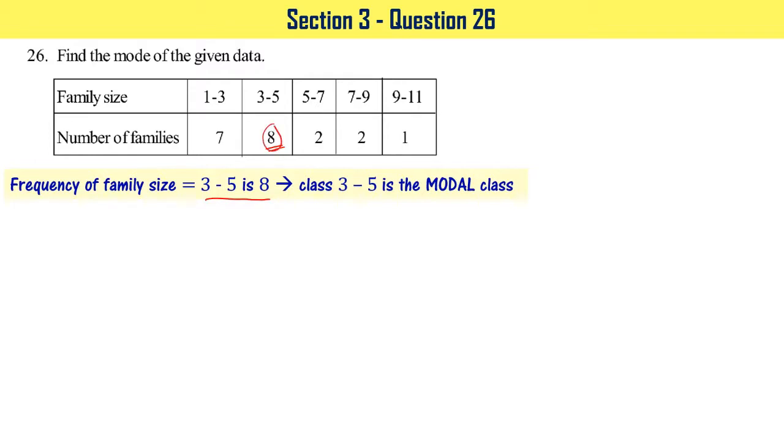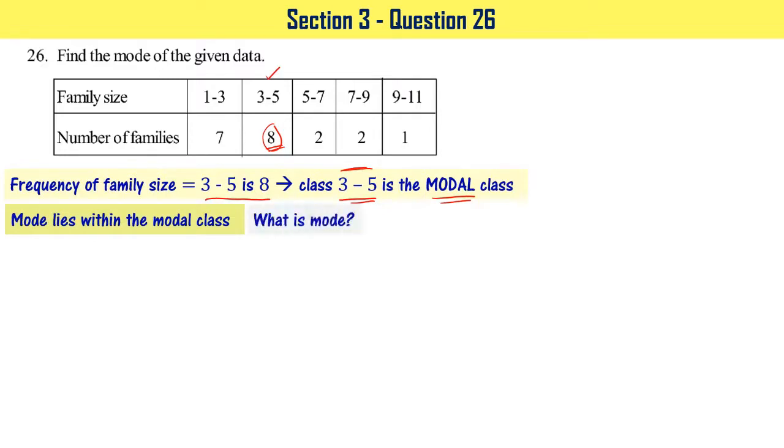It means this particular family size has occurred most frequently, right? Hence we say that this class 3 to 5 is the modal class, right? It means the mode is going to lie in the modal class, between 3 and 5.